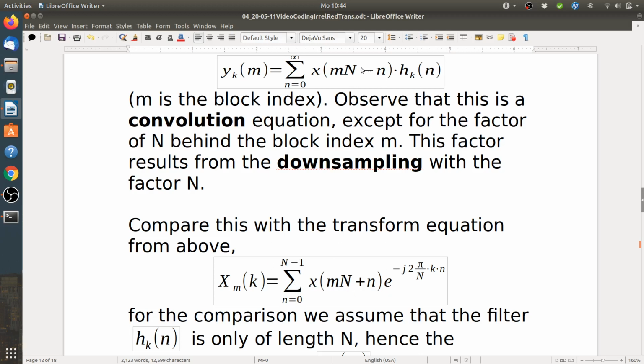Then here we have a minus n, here we have a plus n, and here we have hk, and we can see this hk takes the role of this transform kernel. So except for the sign change, this transform kernel must be the impulse response of our filters. So here we can actually see its equivalent.